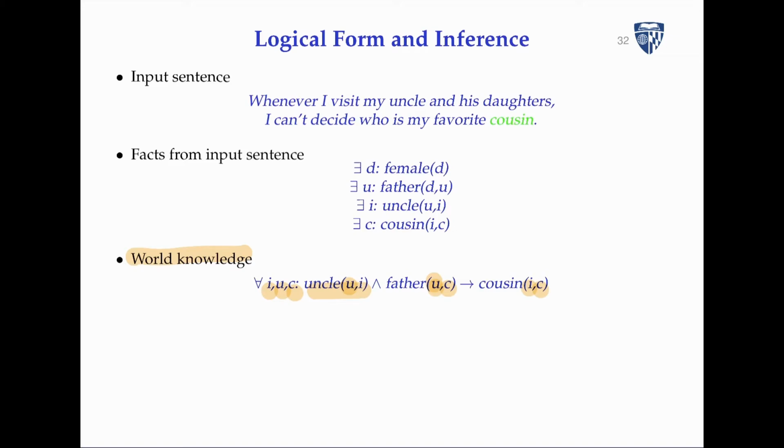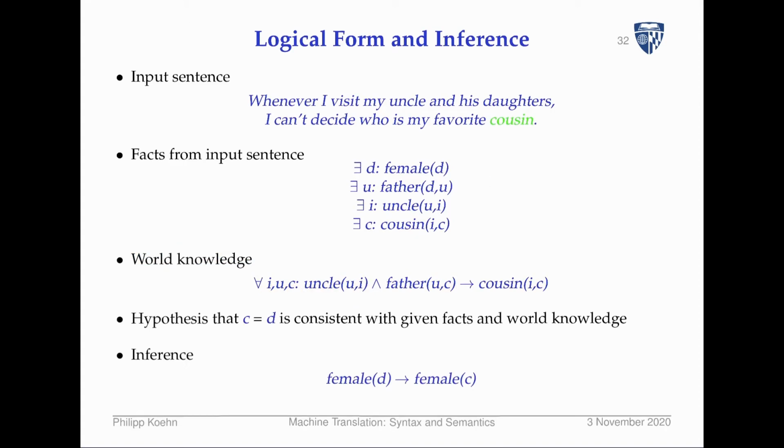Probably should fix this here. This should be U, D. So here's a hypothesis we have in the sentence that C and D are the same, and it's consistent with the given facts. And therefore, we know that D is female, therefore C is female. So C and D are the same thing, so they're both female.